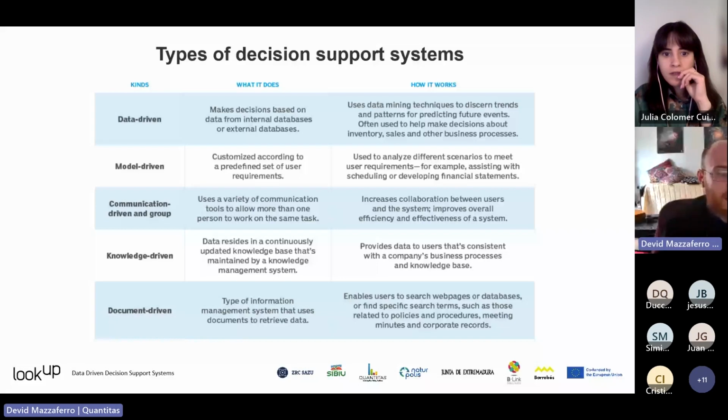Knowledge-driven DSSs are basically DSSs where data is continuously updated, and it is basically the knowledge base of, for example, a company. An example of this could be software that identifies new or current customers who might be interested in products. And finally, a document-driven DSS is anything that allows you to search web pages, databases, or find specific keywords or search terms within a whole bunch of documents. This can be stuff like search engines, database searches, article databases with search function, stuff like this.